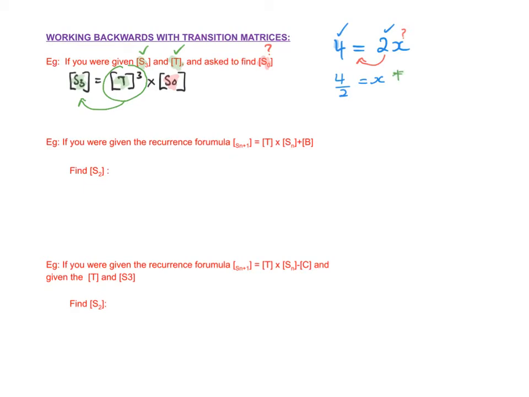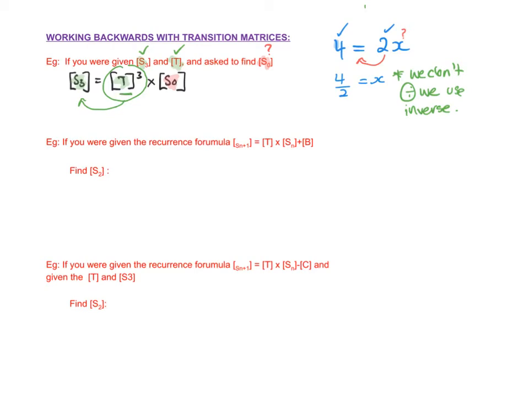But we need to remember, we don't divide in matrices. We use the inverse. So we're going to do the same here, but we have to be careful, because this is pre-multiplying, since it's in front of S0.